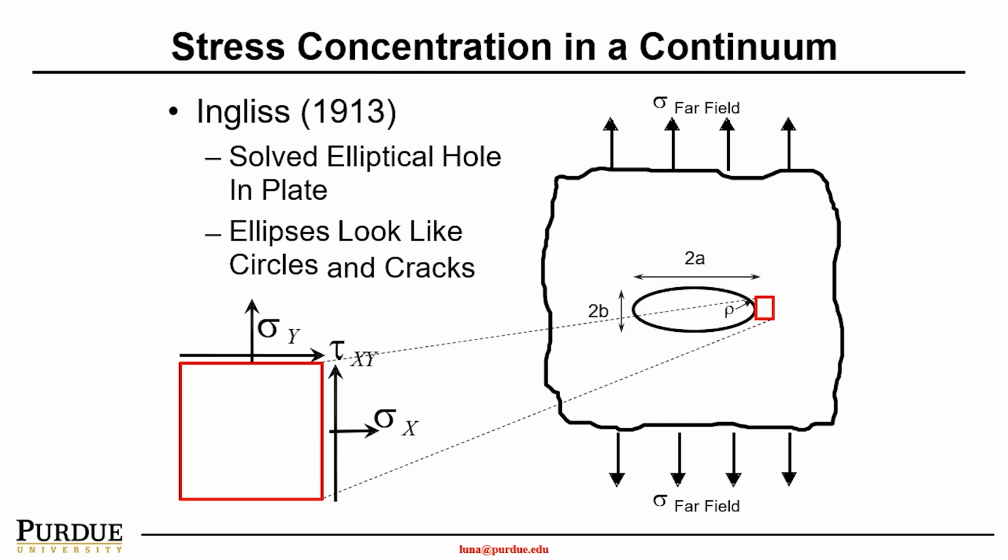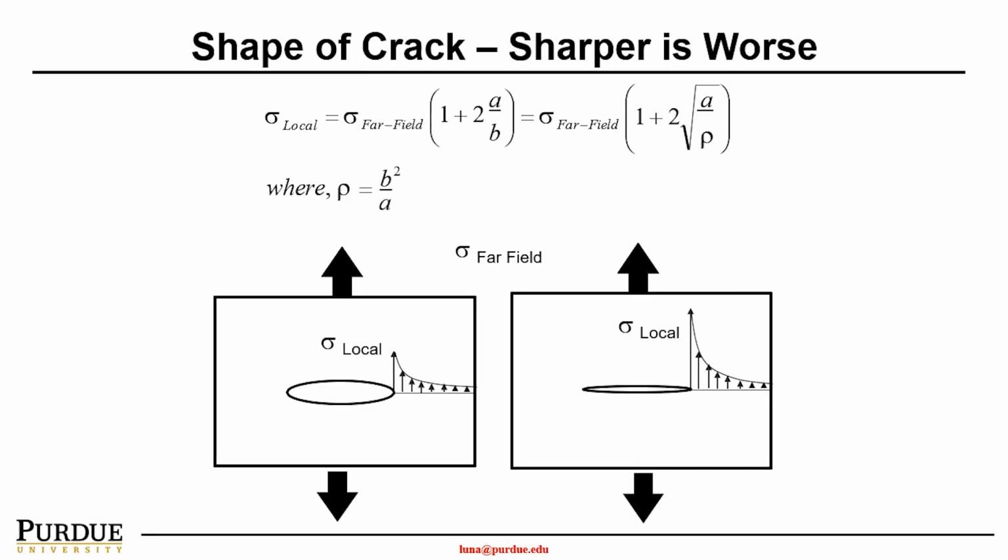If there is a crack, we define the size of the crack with length 2a and height 2b, and the ellipse looks like a circle and the cracks. The material has infinite size, so the sigma far field, which we can also call sigma null, is applied in the material's surroundings.